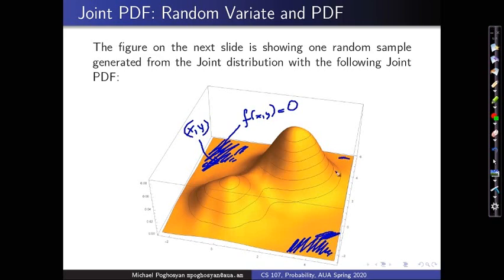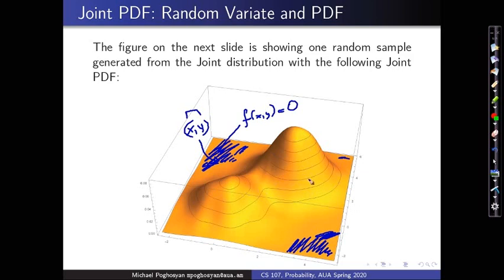They cannot be here. Most probably the values of the pairs X, Y are under these bell things, these mountains.